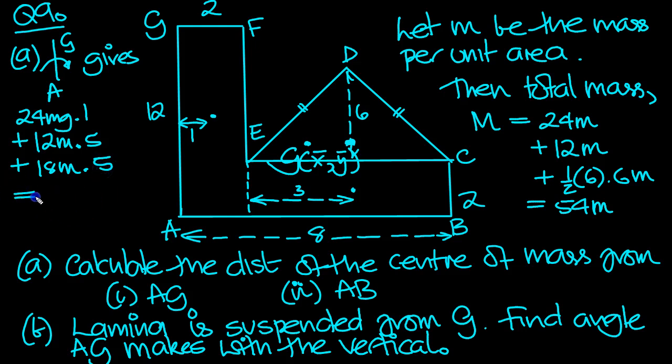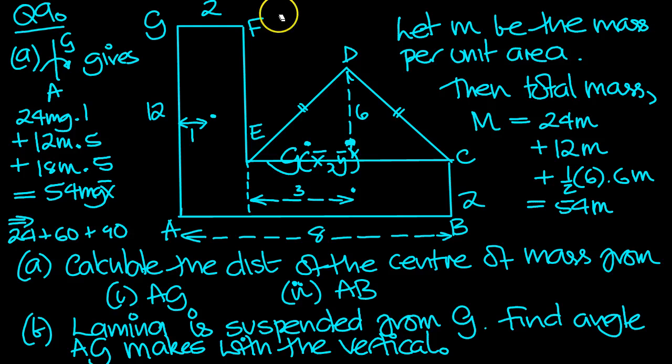So that's equal to the center of mass, x bar, times its total mass, which is 54m, so 54 mg. The mg's will cancel all the way through. We've got 24 plus 60 plus 90 is equal to 54 x bar.